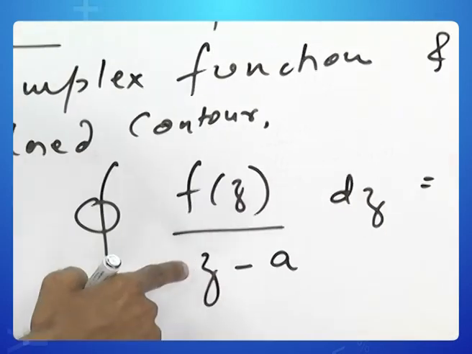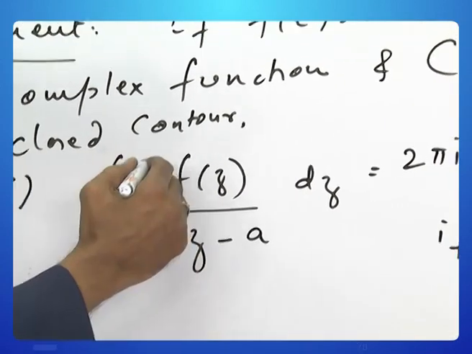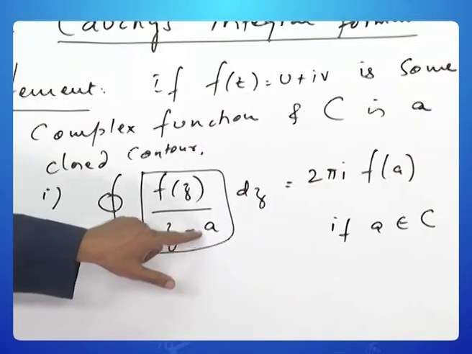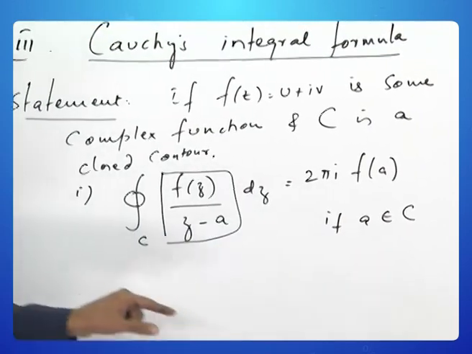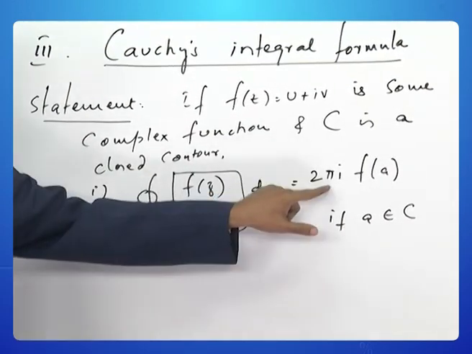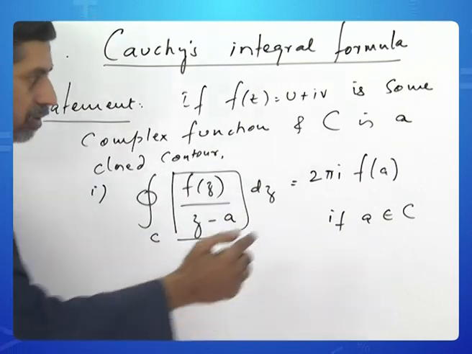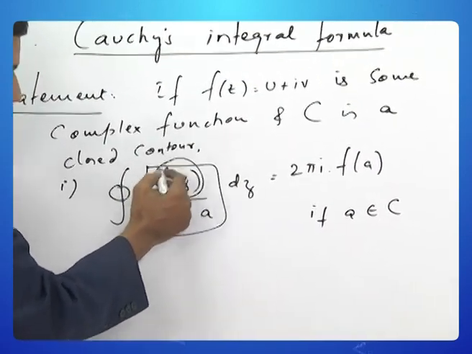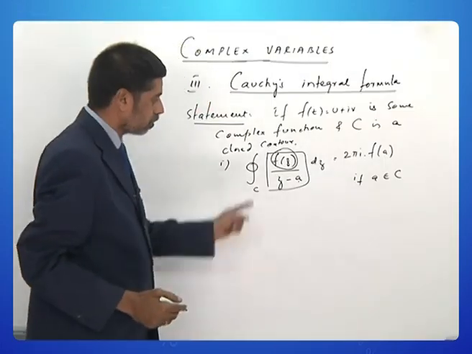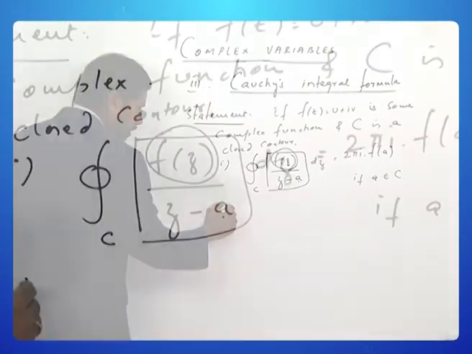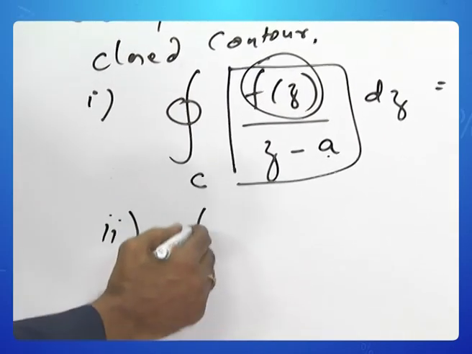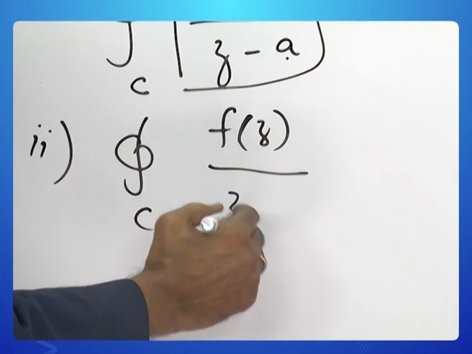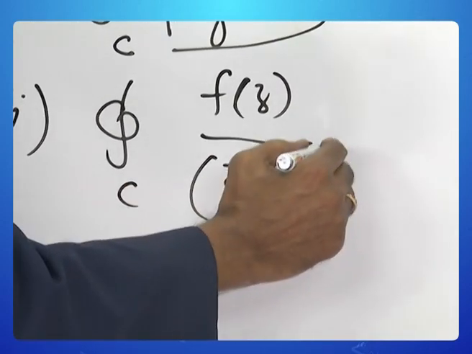So, you can see that z is equal to a is a singularity of this function. So, if the singularity lies inside the contour, then the value of this integral is 2 pi i times, be very careful, it is f of a, that means the numerator evaluated at this singularity, not the whole function. An extension of this is integral over C of f of z by z minus a to the power of k plus 1.